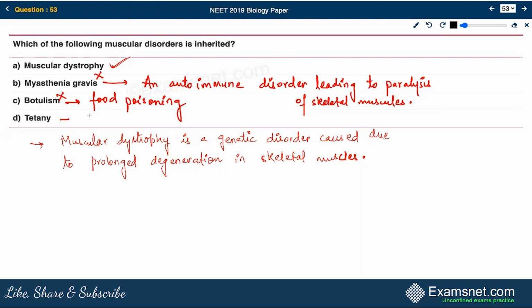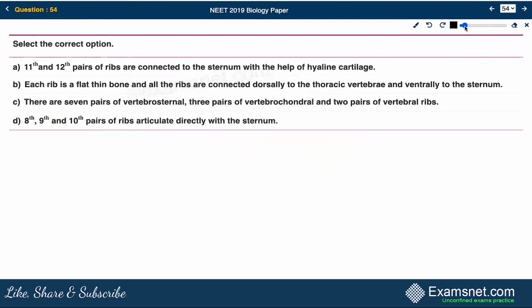This muscular spasm is caused because of low calcium in the body fluid, which ultimately results in tetany. So the correct answer will be option A, since this is a genetic disorder that is inherited. All right, now let's move on to the next question, which is question number 54.